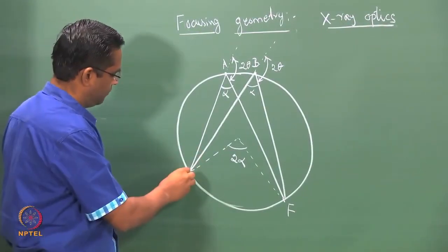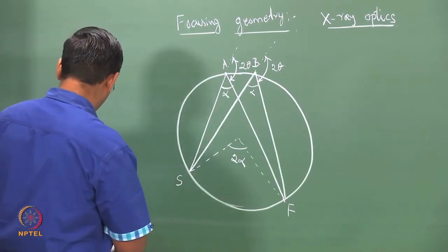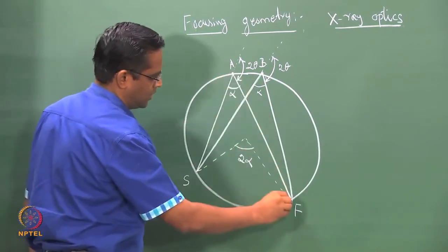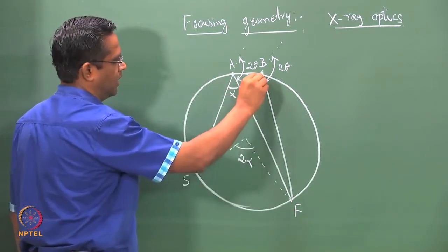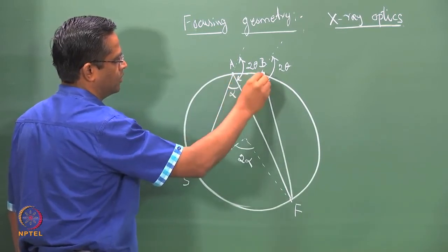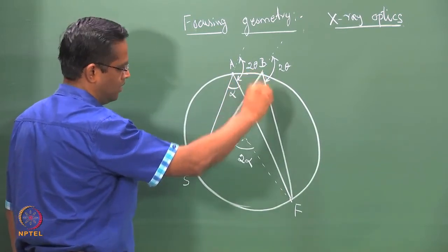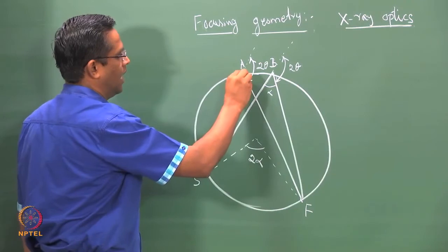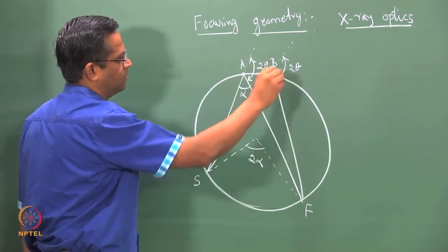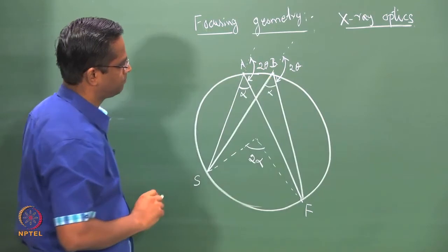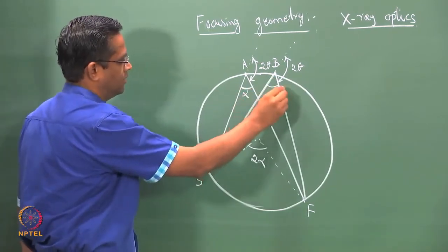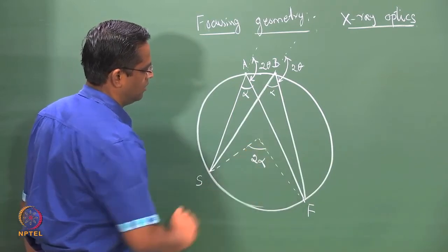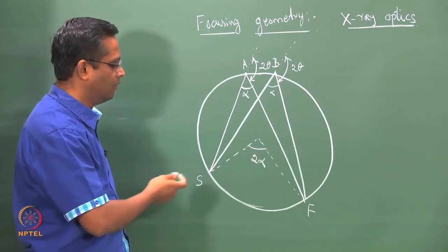Suppose you have the source here, and then it goes to the sample and gets reflected here, and this is another X-ray beam which is falling on the sample at the point B and gets focused here at F. And you see that the angle between this is 2 theta, and this is alpha, and this is alpha, and you can have the relation here with the circle inscribing the angle.